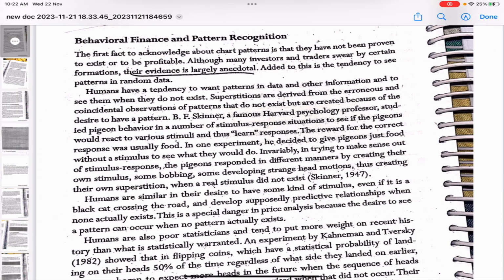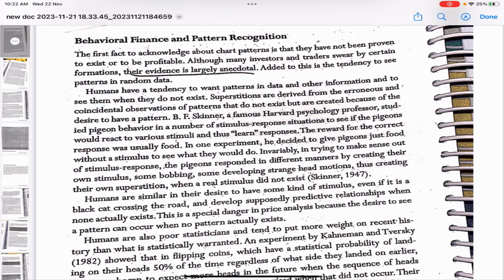Okay, so behavioral finance and pattern recognition. We need to acknowledge that chart patterns have not been proven to exist or to be profitable. You might be wondering that I literally just said that it is statistically proven. Now, why am I saying that it's not? The thing is, if I want to trade a W pattern, is it possible for me to apply the W pattern on all time frames, on all the stocks, of all the markets?